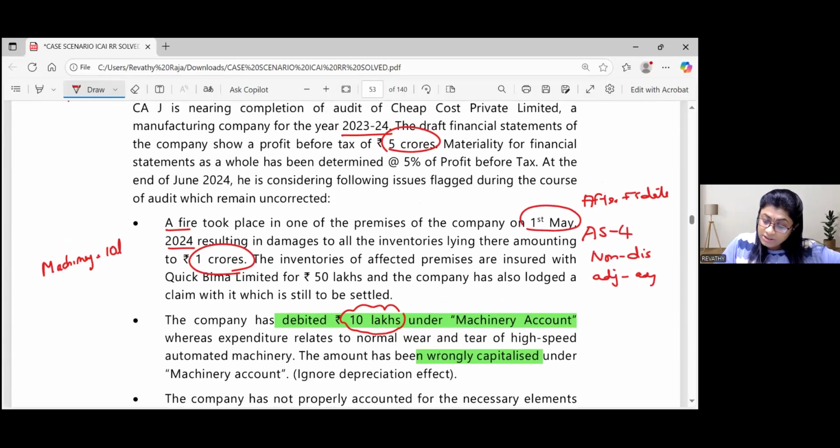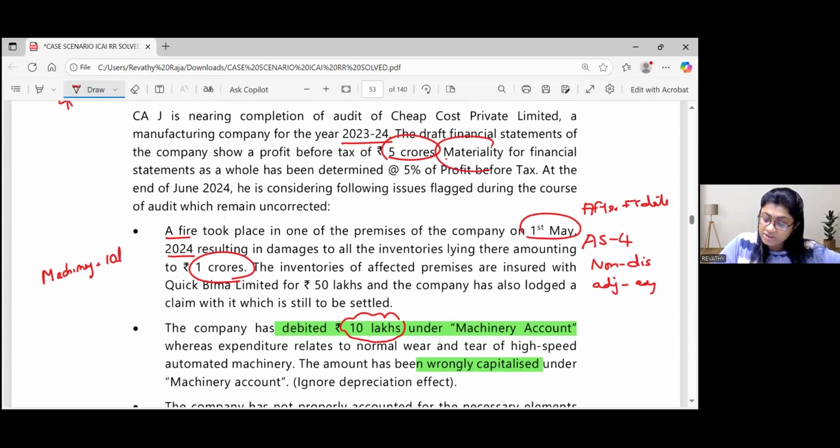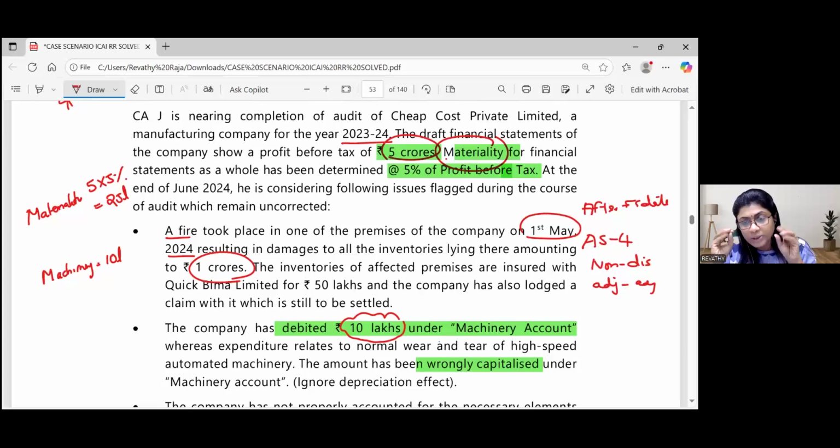Can you see how much materiality they decided to fix? Read above. They decided to fix materiality as 5% of profit before tax. Can you take 5% of profit before tax? 5 crore into 5%. It will come to 25 lakh, right? Whereas this comes only to 10 lakh. Material, immaterial.